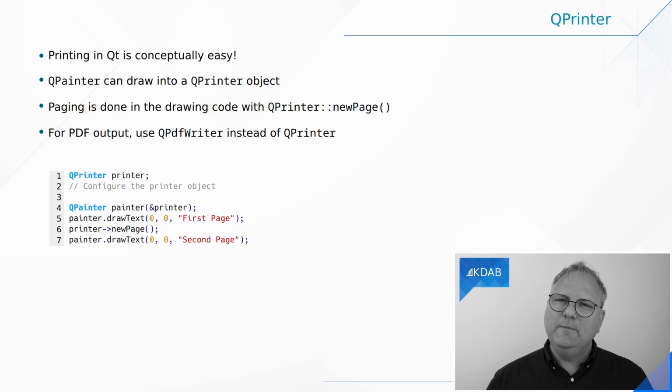The key part about that word is that printing in Qt is no different from printing or painting on a QWidget, except for one thing, namely that a QWidget can be really, really huge, especially if it's sitting inside a QAbstractScrollArea, while a piece of paper has a finite size, unless you have a lot of money. For that purpose, you need to paginate your printing. That's the only difference really from printing versus painting onto a QWidget.